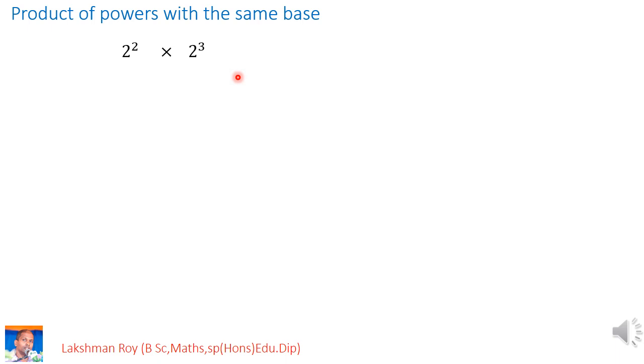See, I'll write this one again: 2 to the power 2 and 2 to the power 3 is a product. Same thing in different ways. Let's see my first method. I'm going to write 2 to the power 2 in expanded form.